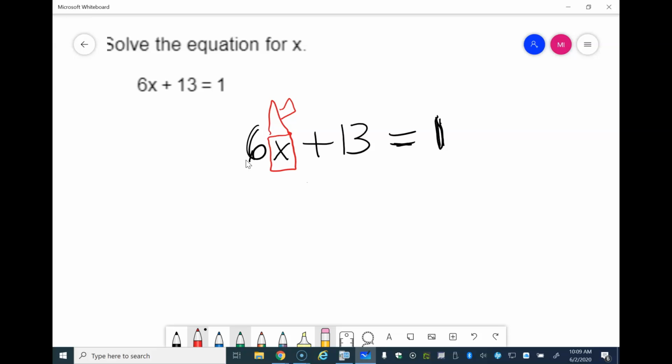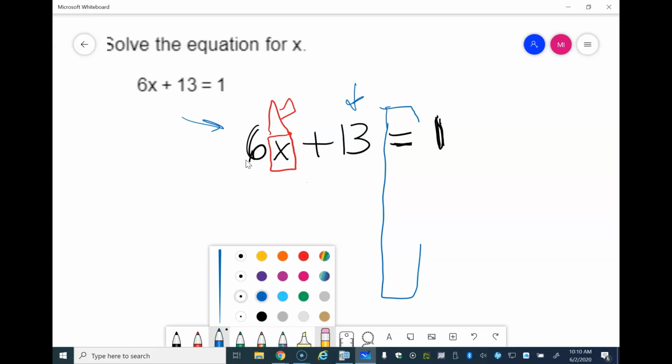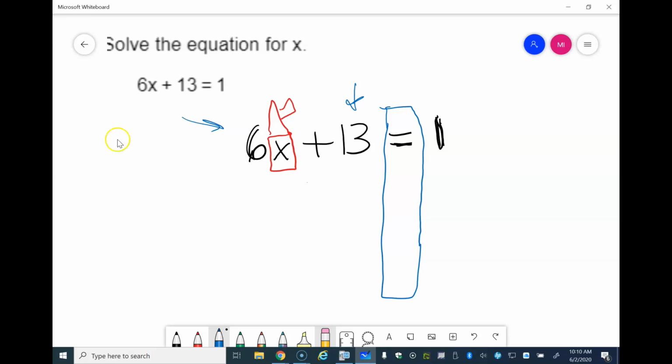And if we notice in this problem here, we got a bunch of stuff going on. We got the 6, we got this 13, the equal sign. We need to get it by itself. So I'm going to build a fence. And I want to walk through this scenario for you.